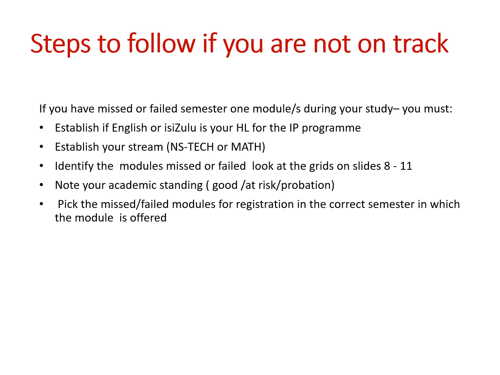Then you also need to establish your stream of specialization. Is it NS Tech or is it mathematics? So that you can choose the correct language option modules and the stream modules. Thereafter, if you have failed or missed modules, you need to look at grids 8 to 11 to make sure that you complete these modules in the semester that it is offered.